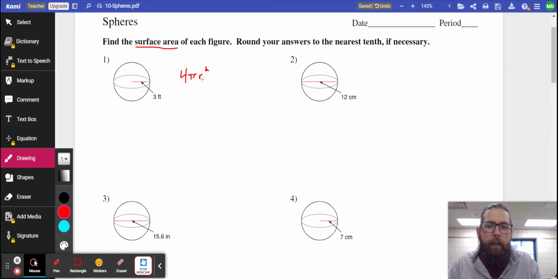So remember that the radius is the distance from the center to the end. So luckily in number 1 they give me that information. So I'm just going to plug in the 3 for r. So that's going to be 4 times pi times 3 squared.